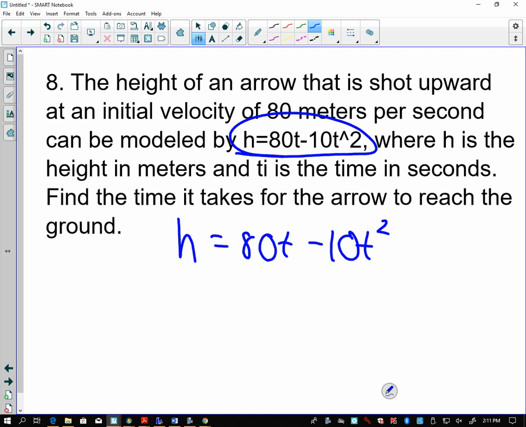Okay, can we do that? Can we factor the function and solve for t? Should be able to. Now, for a second, I want you to forget about h. I want you to just see this as negative 10t squared plus 80t. Okay, just look at the red. Okay, if I wanted to solve for t, what would I do there? Go ahead.